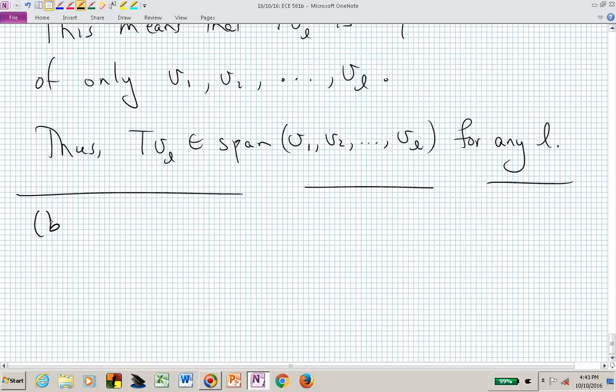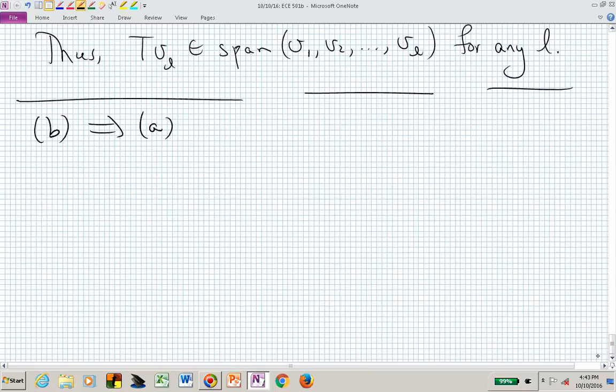What about B implying A? We're trying to show the equivalence of A and B. B says that TV1 lives in what span? What is statement B? TV1 lives only in the span of V1.